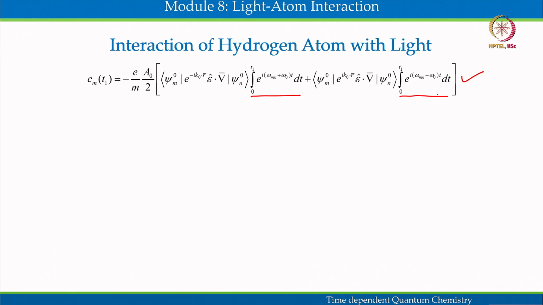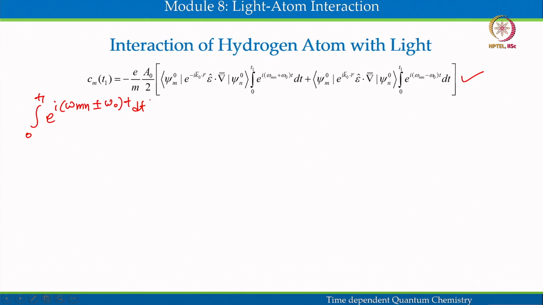Here I have plus, here I have minus, so instead of writing twice, I can express the integration together as 0 to t1 e to the power i omega mn plus minus omega naught t dt.